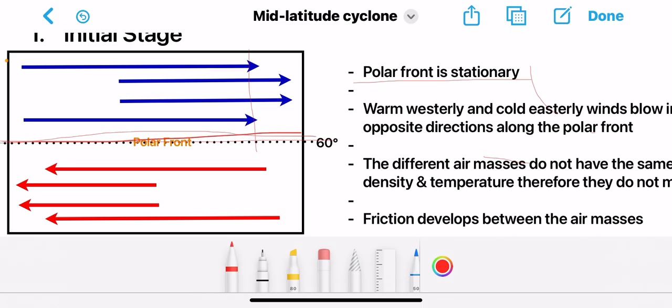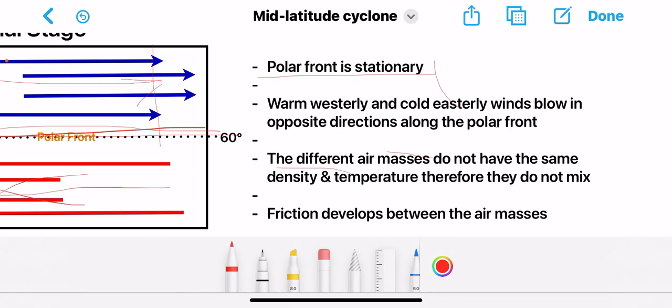As you can see, the cold air is moving in an east direction, and the warm air is moving in a west direction. Why are they moving in opposite directions along the polar front? Because the different air masses do not have the same temperature, therefore they do not mix.